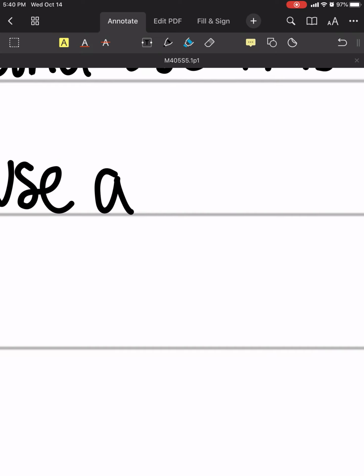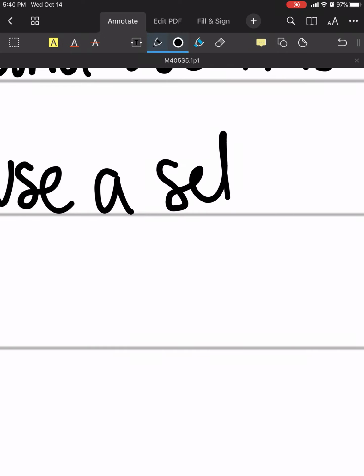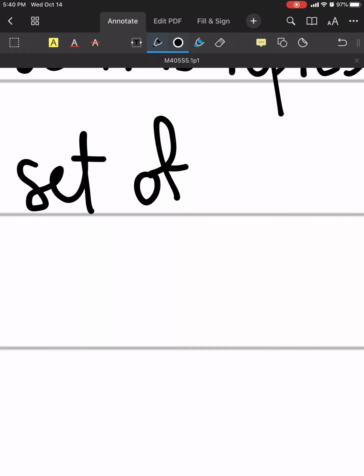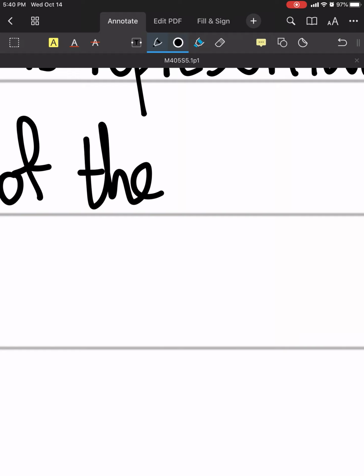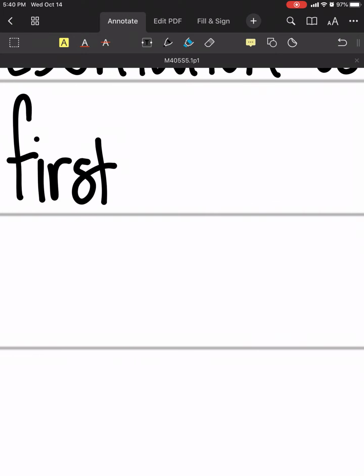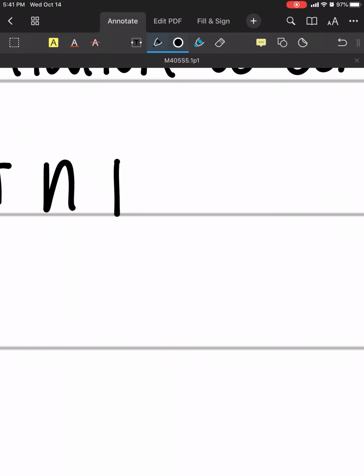Here I'm going to use a specific n, but any n would work. And you'll notice I'm only talking about finite sets here. That doesn't mean you can't have permutations or permutation groups on infinite sets. You can, but we're only going to be looking at finite groups, first n integers.